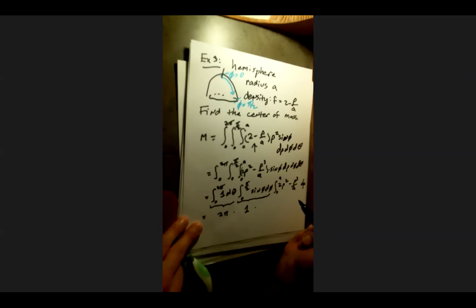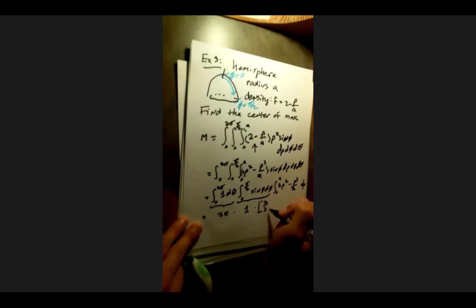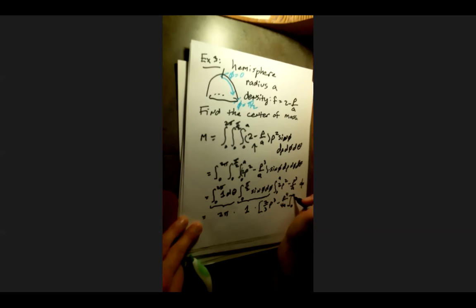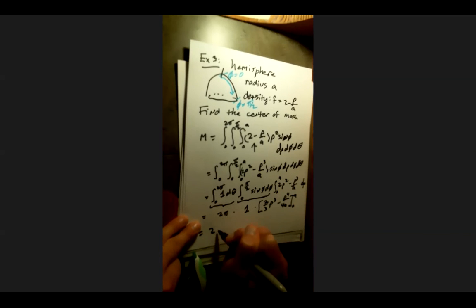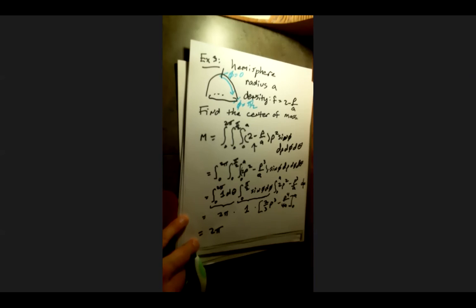And then the last part, we're going to end up with 2/3 rho cubed minus rho to the 4th over 4a from 0 to a, times 2 pi. Notice this is going to be 2/3 a cubed minus 1/4 a cubed.